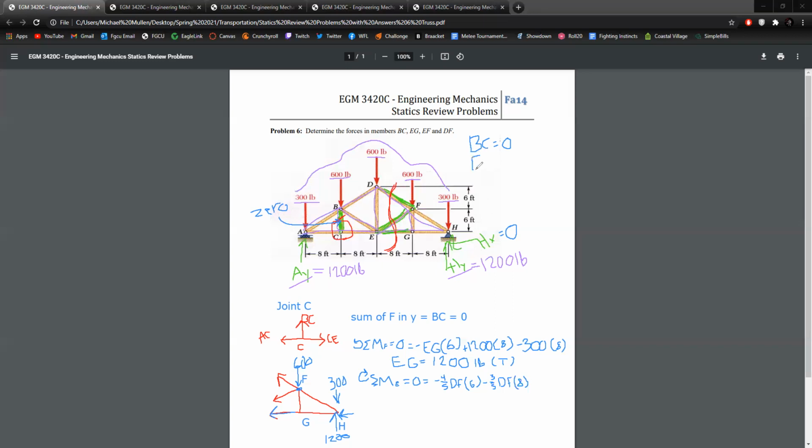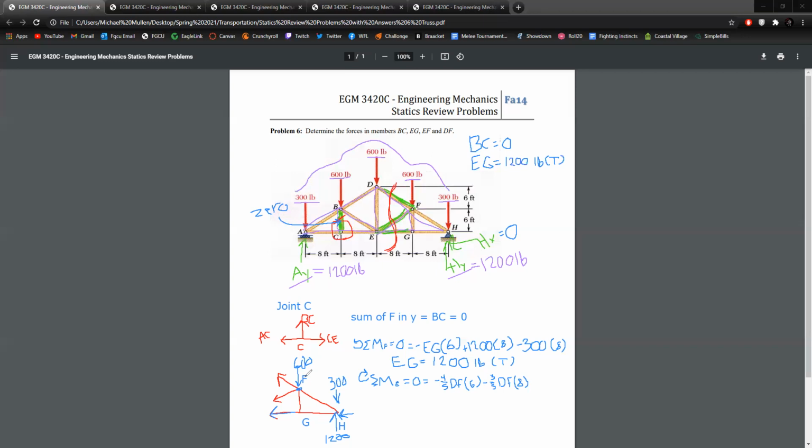I'm also going to go ahead and write up here that we have EG equal to 1,200 pounds in tension. So back to our equation, we have the X and Y components of DF going around E in the clockwise direction.